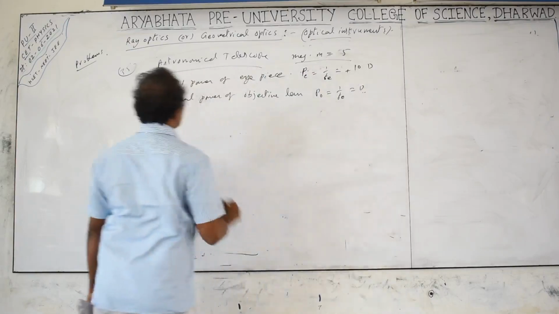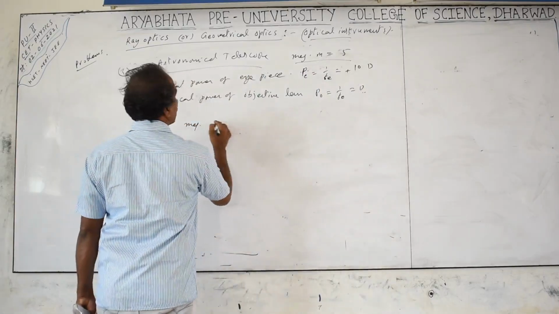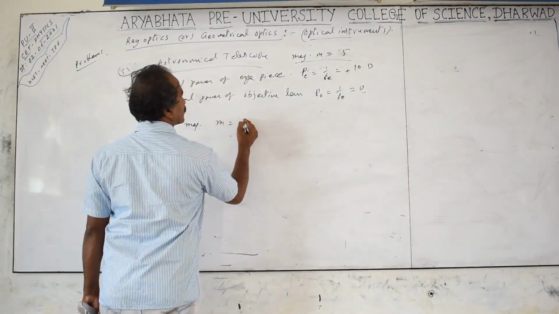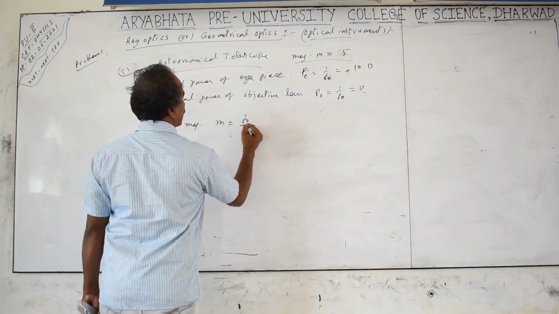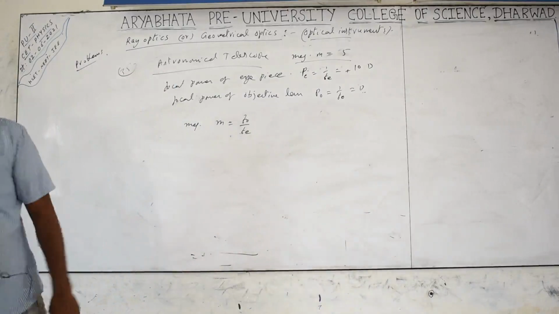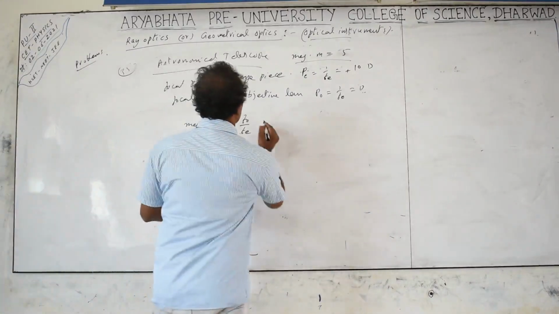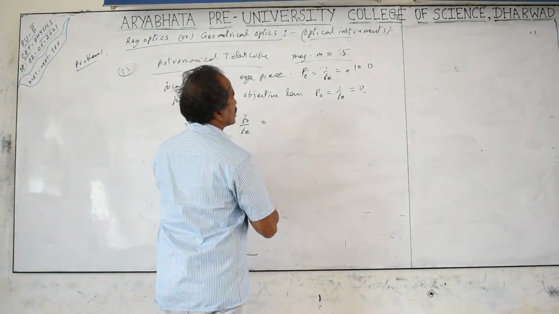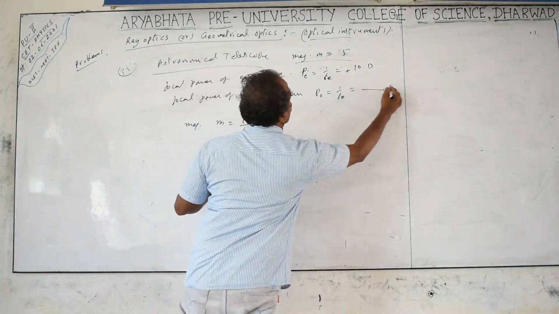Magnification is given. Magnification M is equal to Fo by Fe, the focal length of the objective by the focal length of the eyepiece.